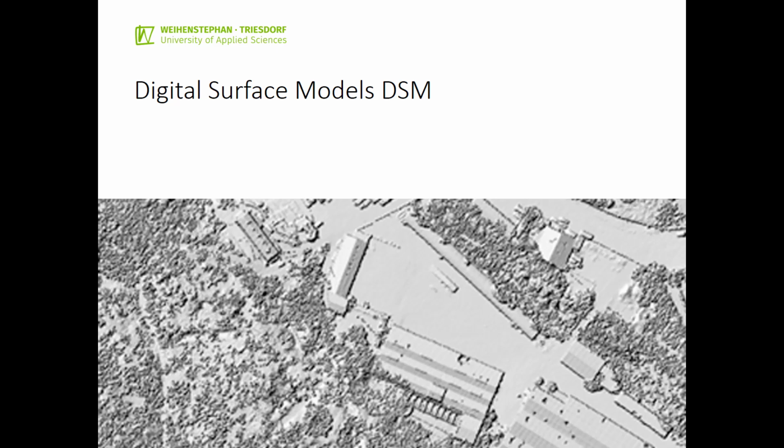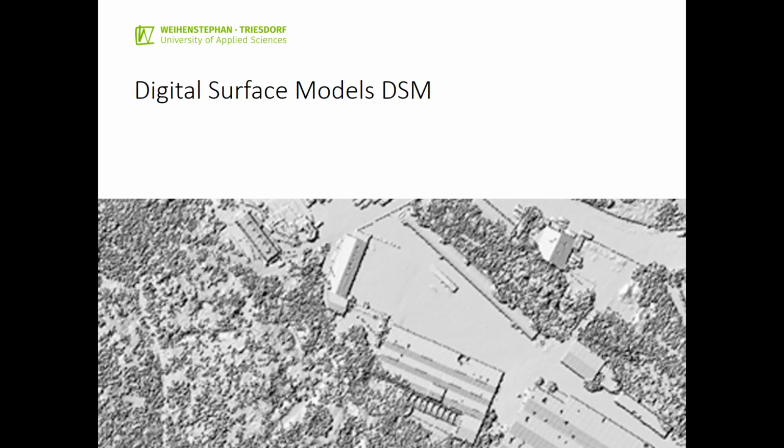So if you see the abbreviation DSM, it's digital surface model. If you see DTM, that's digital terrain model, which could have been a surface model, but the trees, buildings, etc. were already removed from the original data. There are certain calculations to do that.